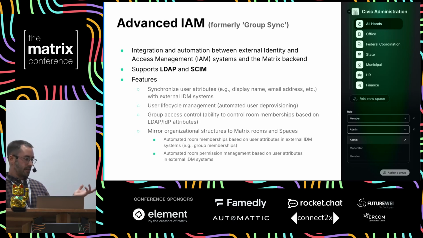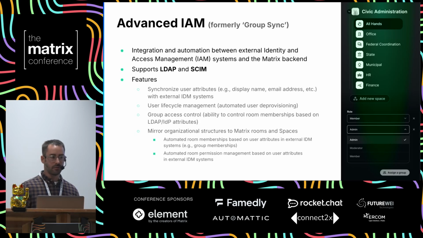So you can, for instance, synchronize user attributes. Say one of the users got married, they have a new display name, and you will automatically synchronize that into your system. A couple of other profile data, you can just imagine where that's useful.